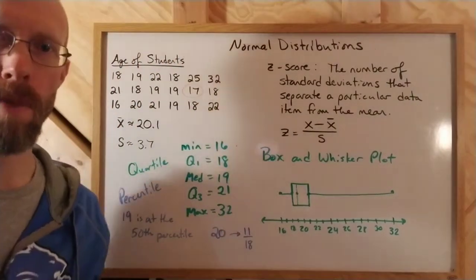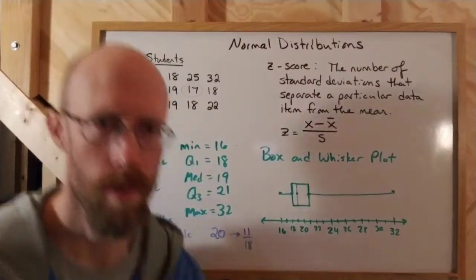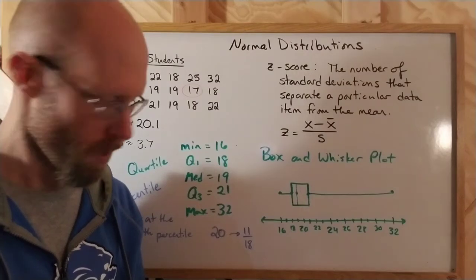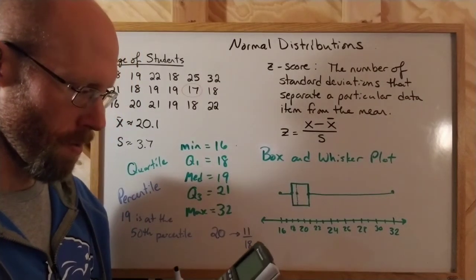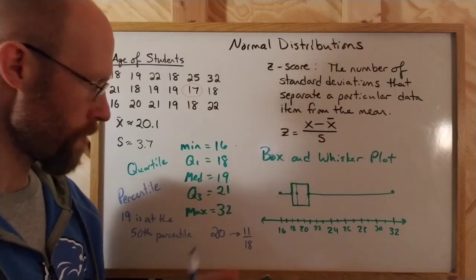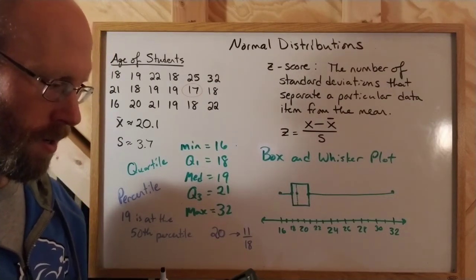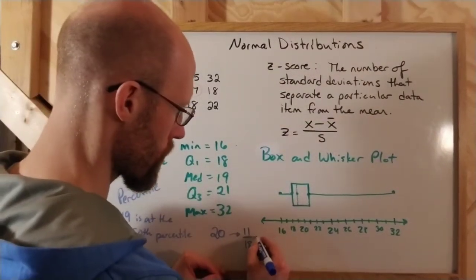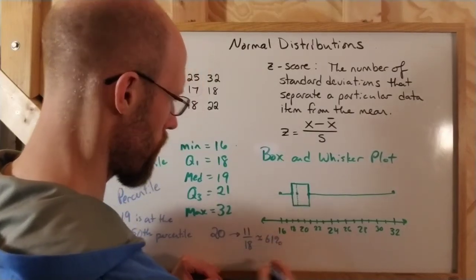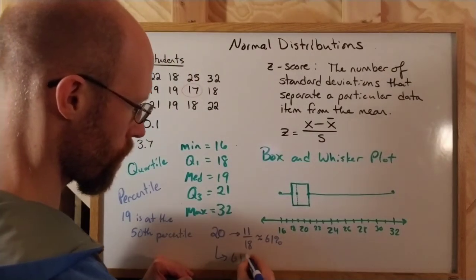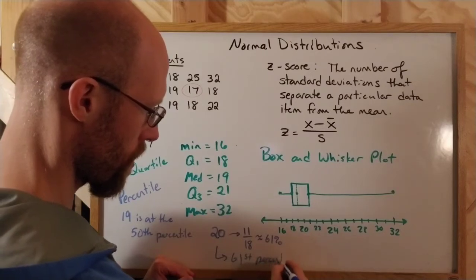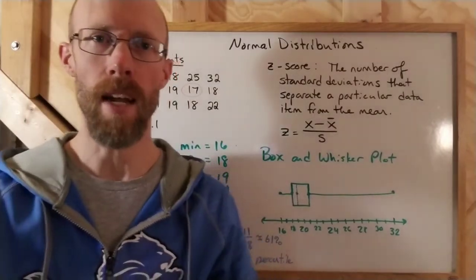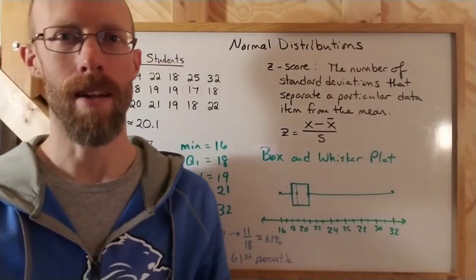If you divide 11 by 18, you get a decimal that you can change into a percent, and that's your percentile. This calculation might be a little bit rough. It ends up being 0.611 times 100, which gives me 61%. So the number 20 is in about the 61st percentile. Again, it just means that 61% of the data items fall below that number.